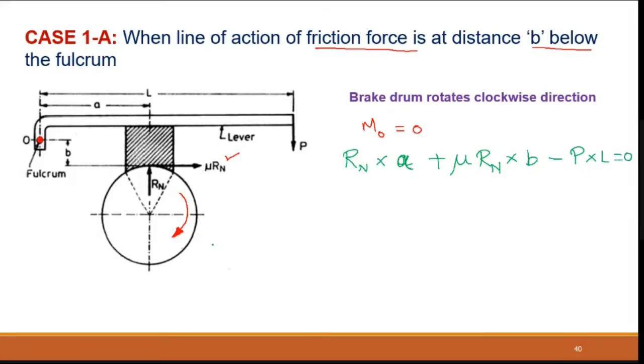Sir, how is it that mu into Rn and the force are anti-clockwise? Let me consider this B. B is the perpendicular distance between the frictional force mu into Rn and the fulcrum. Let me draw a line based on that distance. Point O is here, which is fixed.